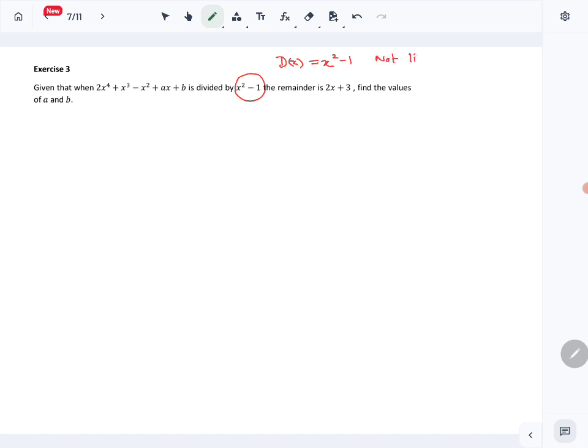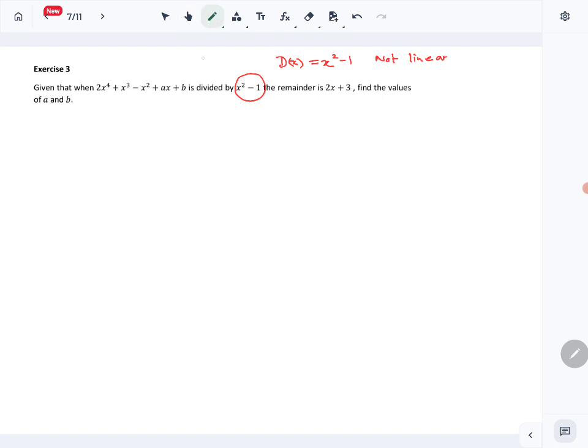So then you can't use factor theorem or remainder theorem. So then you have to use what? Division algorithm to do these types of questions, right? So then let's write down what is given to us.